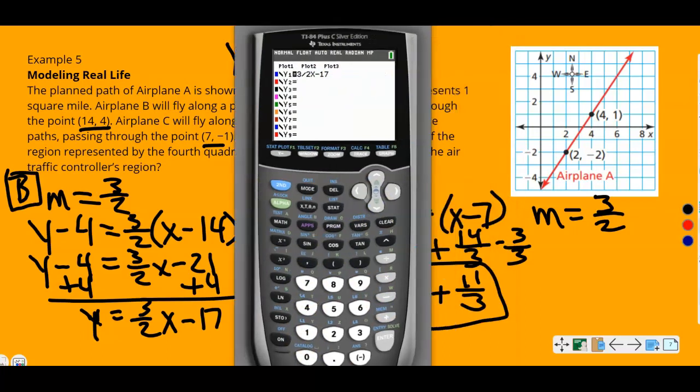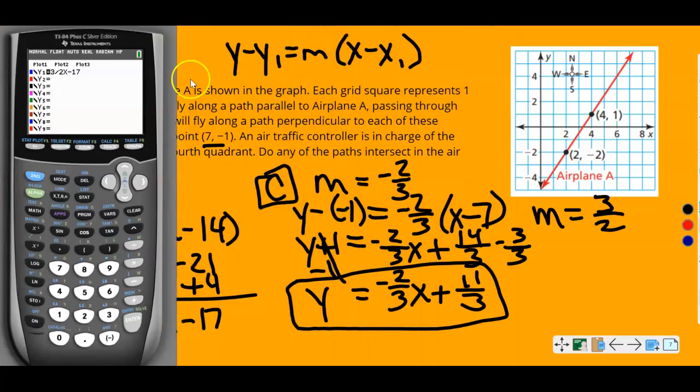And then I'm going to graph negative 2/3 x plus 11/3. Let's hit graph.